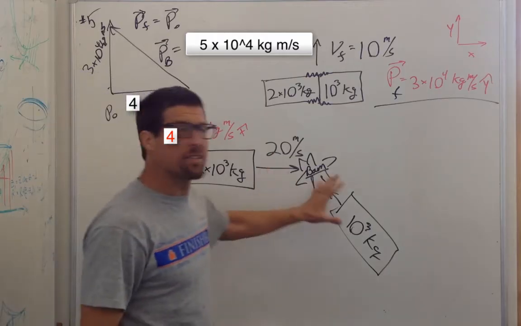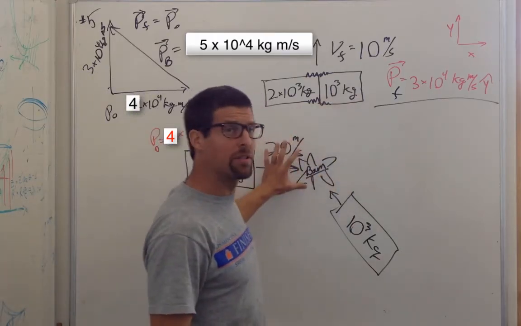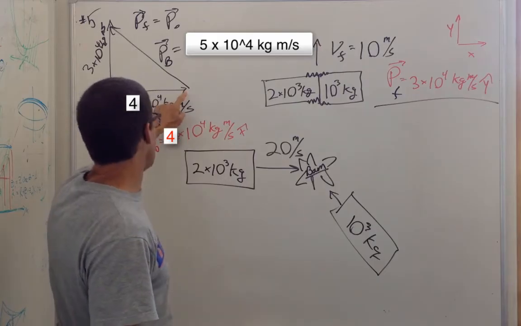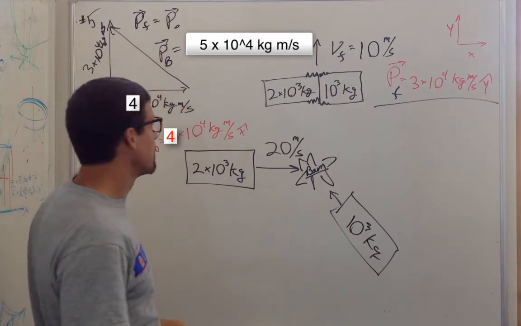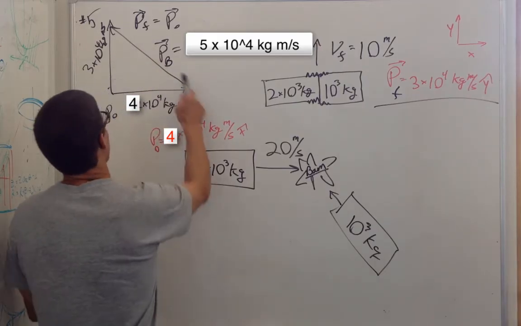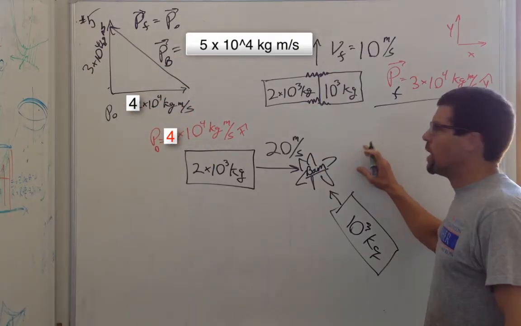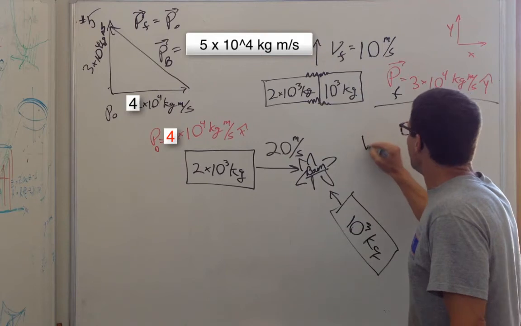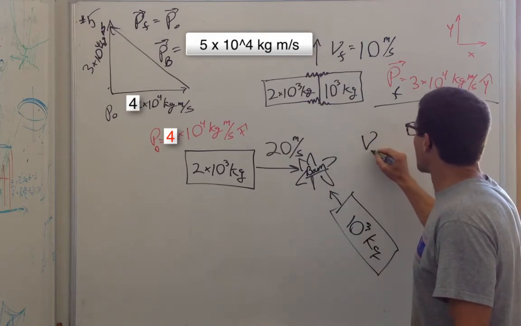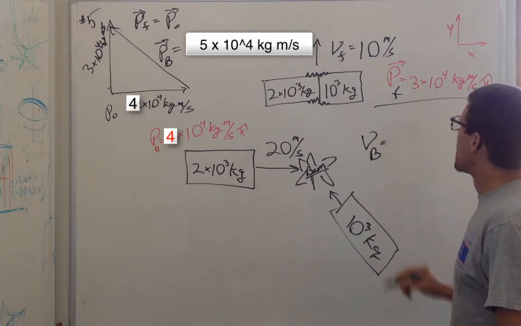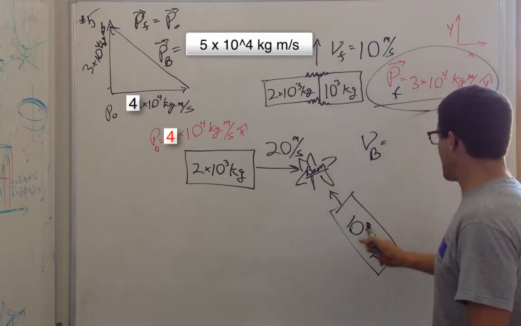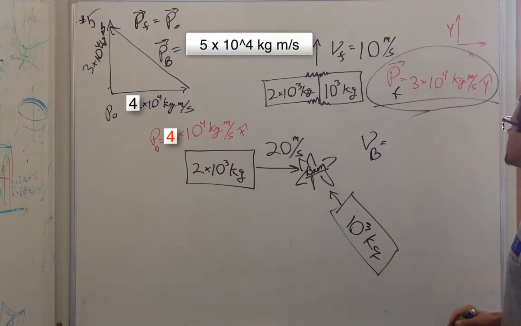And so, like I said, you can do it by Cartesian components, or you can do it graphically. And then use your trigonometry to find out what the magnitude of this is and what the angle. So what is the answer? V initial of the sports car, the bad guy. Well, all this momentum had to come from a vehicle that's 10 to the 3rd kilograms.